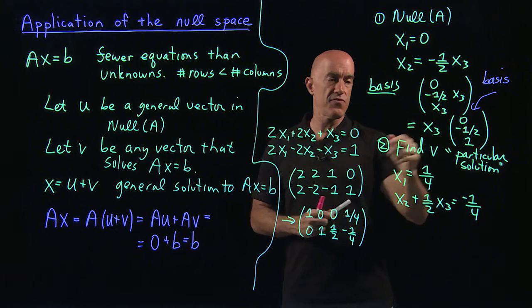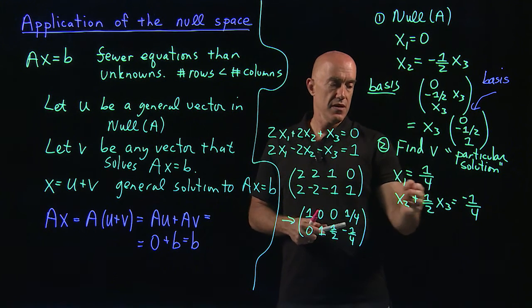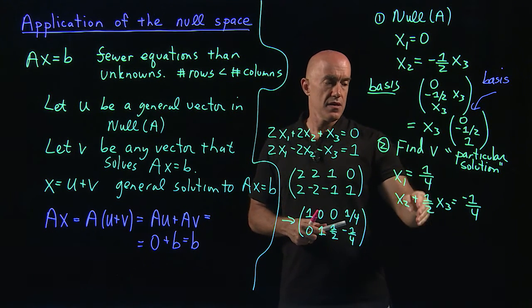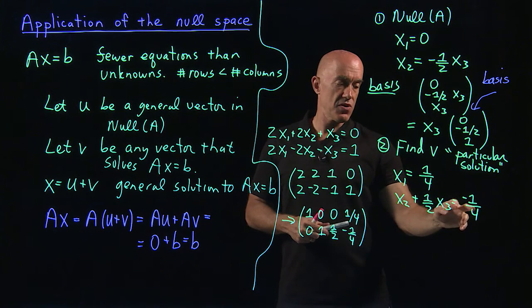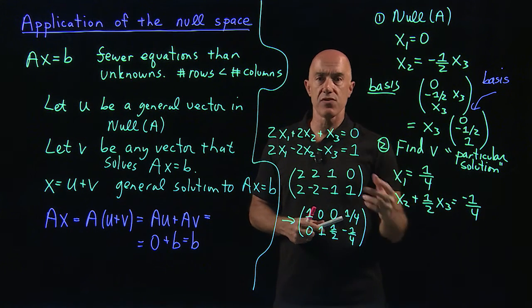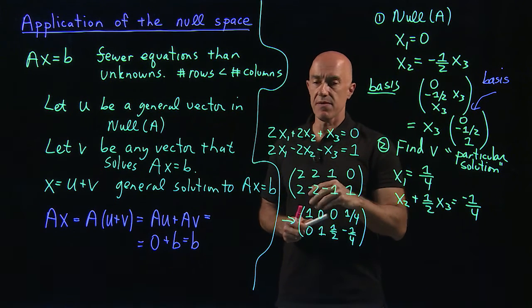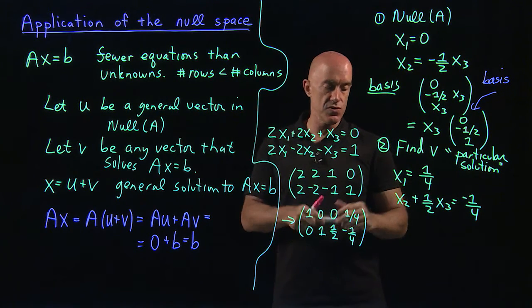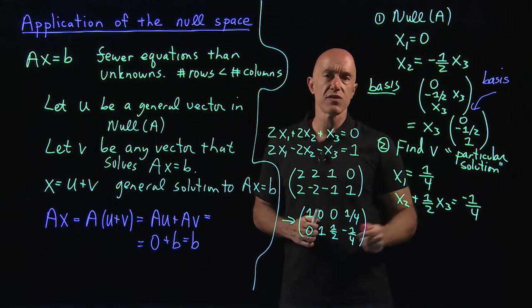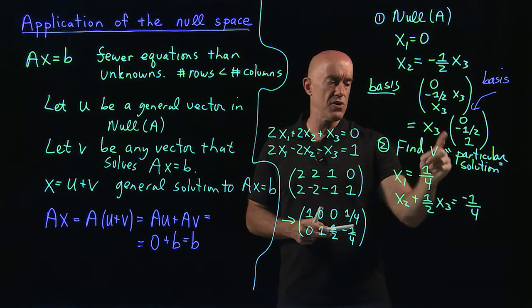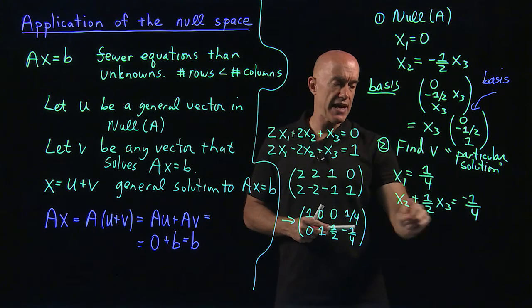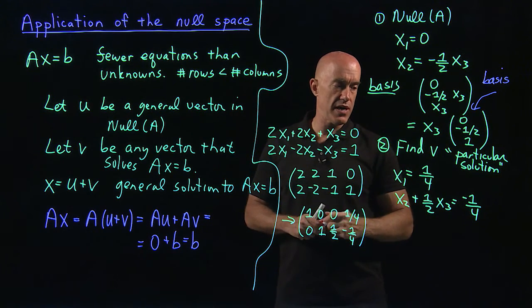Okay? Here, x3 is the free variable, right? So in this system of equations, it doesn't give us a unique solution, right? That's the whole point of this system, that we do not have a unique solution. This x3 is what we call the free variable here. We can set x3 to anything we want.